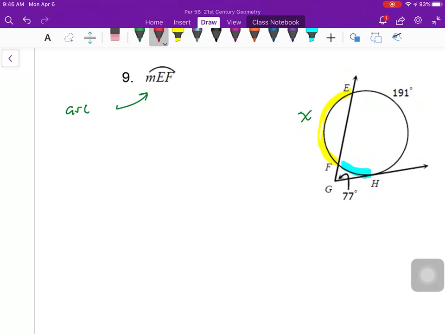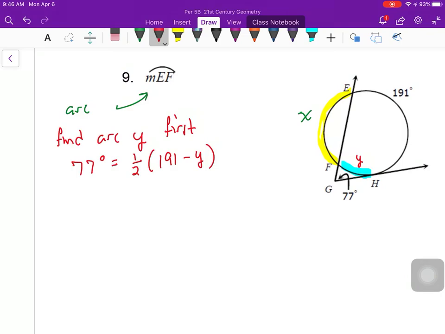But in order to find that one, I think we'll first have to find this one. So we're going to find arc Y first. And to find arc Y, we're going to say 77 degrees equals half 191 minus the Y.